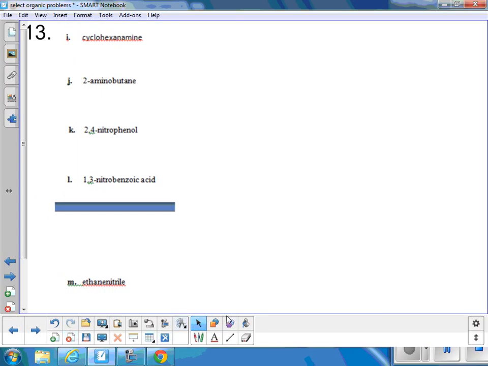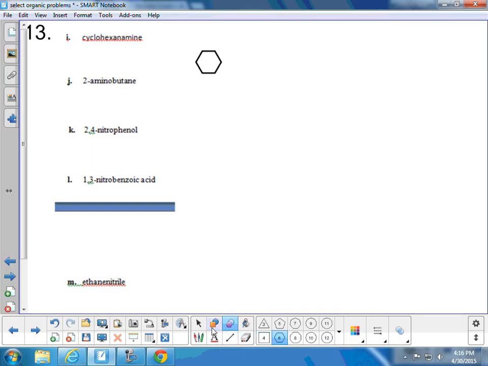And amine, so if you will go to your foldable and look up amine, you will see that it is a nitrogen group. It has 3 dashes off of it. So what that means is that nitrogen has to bond 3 times. It's going to bond once with our hexagon.